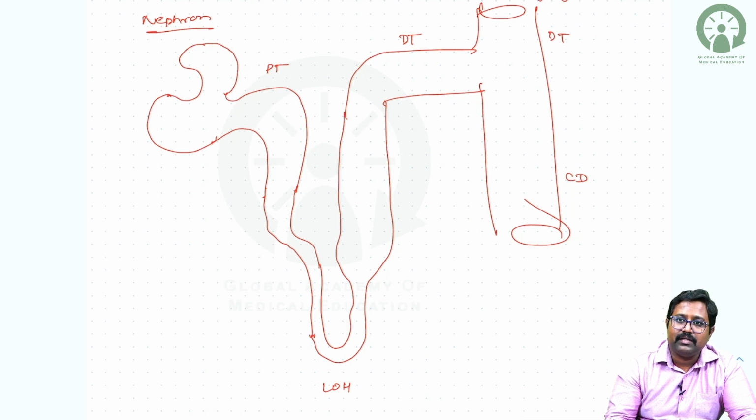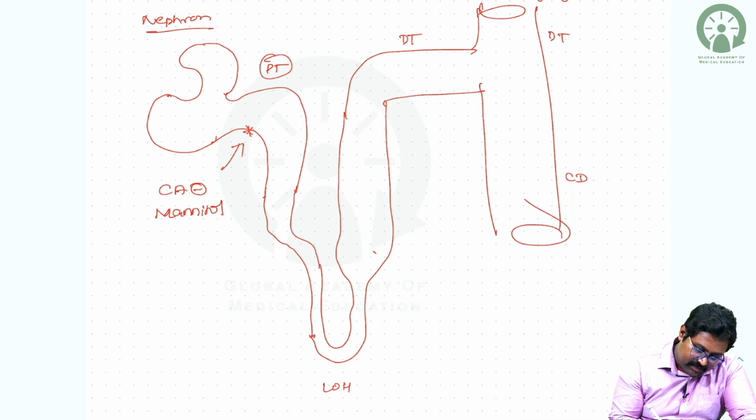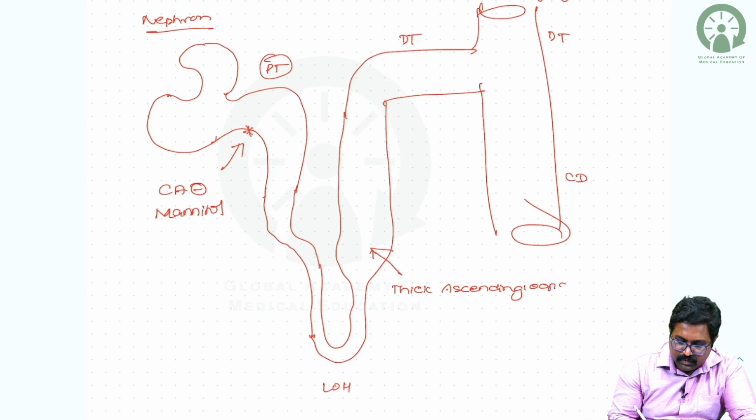So there are targets at the proximal convoluted tubule. At the proximal convoluted tubule, the drugs which are acting are the carbonic anhydrase inhibitors, as well as mannitol. Next we have target sites in the thick ascending loop of Henle. Here the drug which is targeting is the loop diuretics.